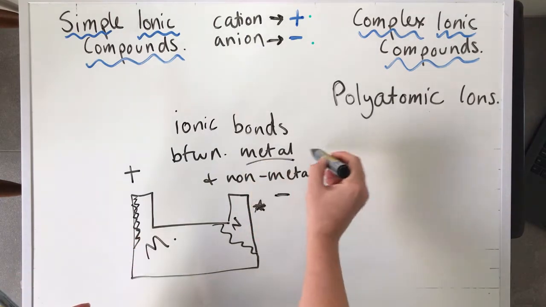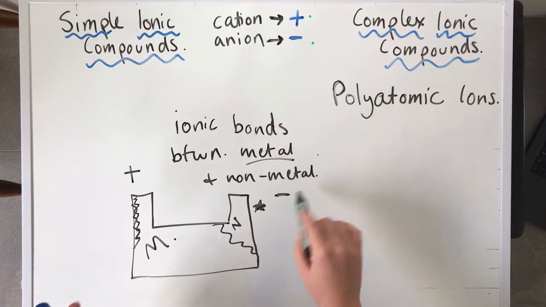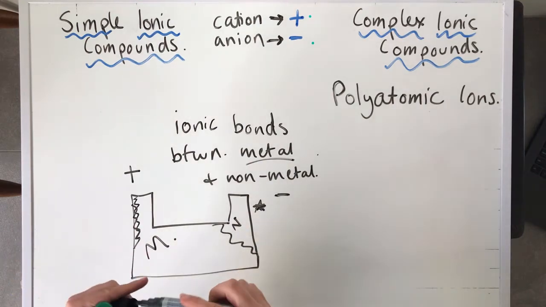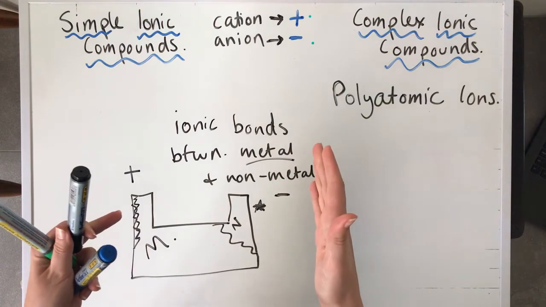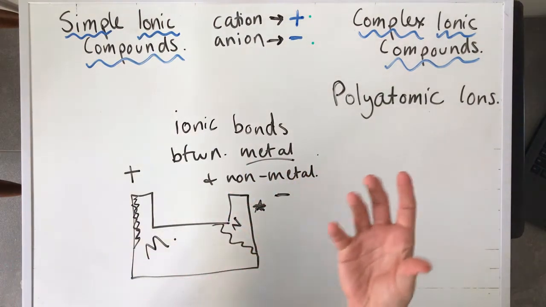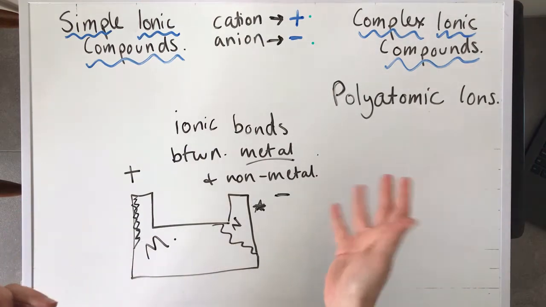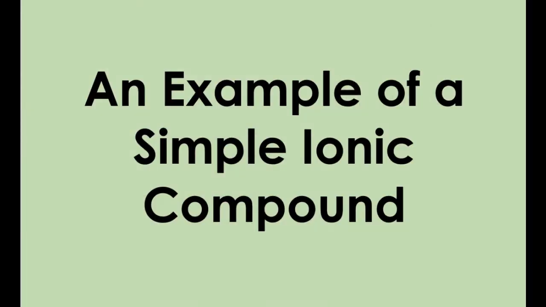Our metals, therefore, are positive ions, and non-metals are negative ions. That's important for us to consider because when we are naming ionic compounds or writing ionic formulas, our metals or our positive ion always come first.